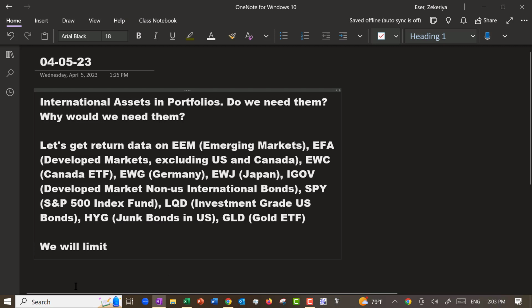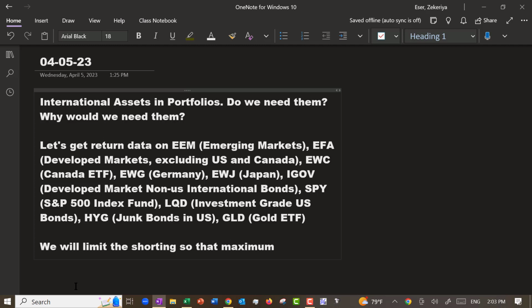so that the maximum short weight for any asset is 0.15. Maximum total short is 0.5.